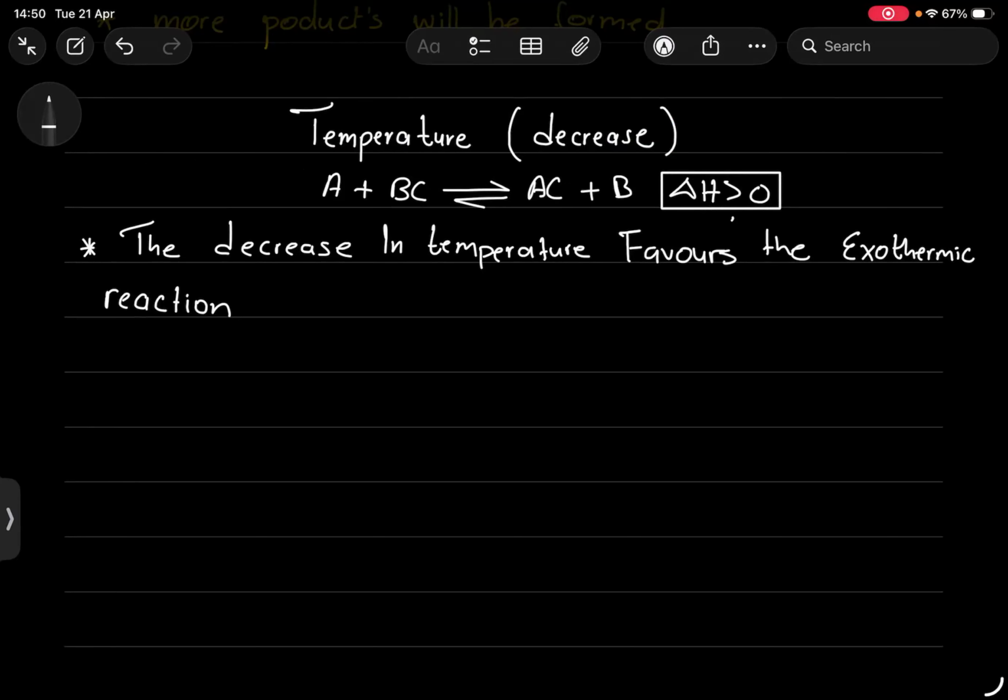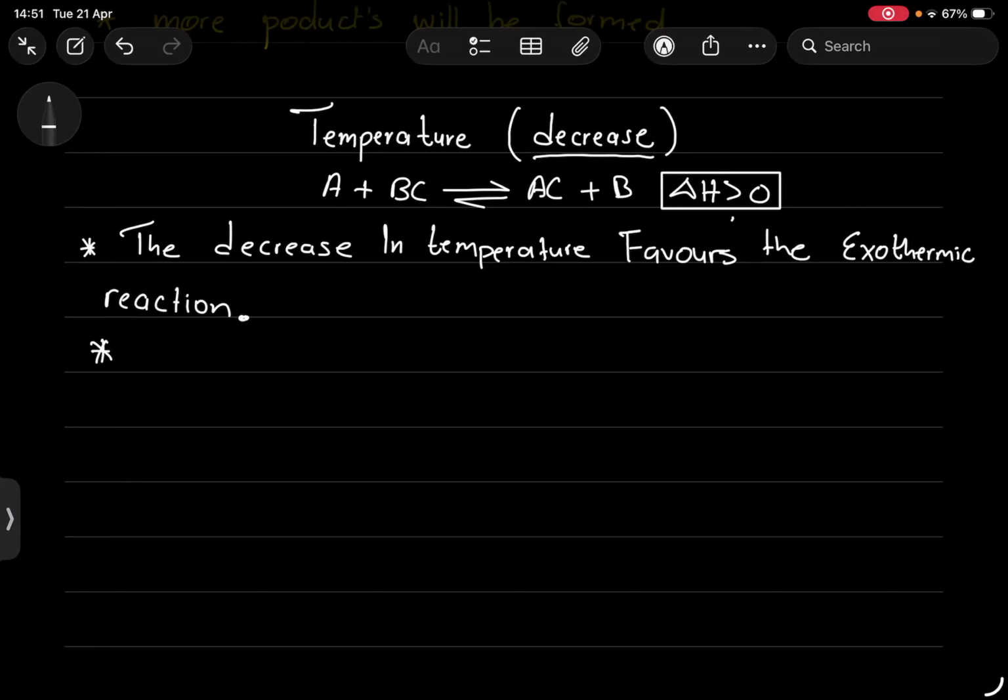You see it now, or maybe I'm misunderstanding you. I'm confused because enthalpy is greater than 0, but then the reaction is exothermic. No, listen, don't be confused. We are talking about the decrease in temperature. It favors what? The exothermic reaction.